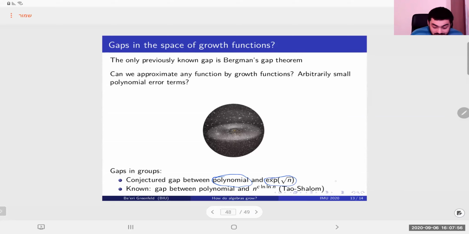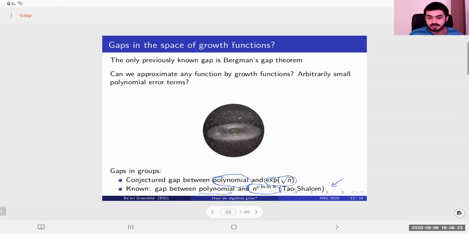And the best step known towards this gap conjecture is this remarkable result of Tao and Shalom. There's a gap between polynomial and this, well, super polynomial, but very slow function. And I think even this gap does not hold within the class of growth of algebras.